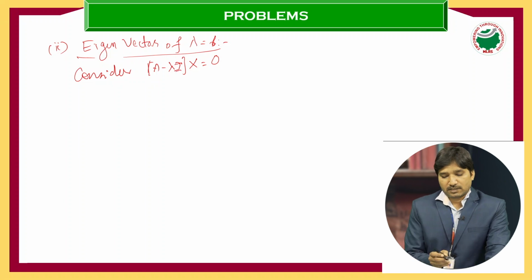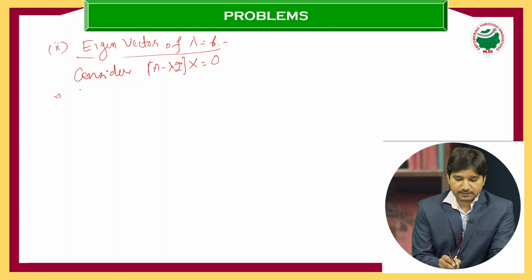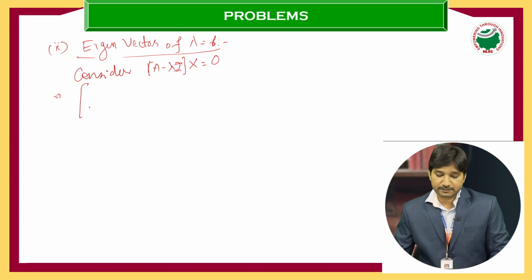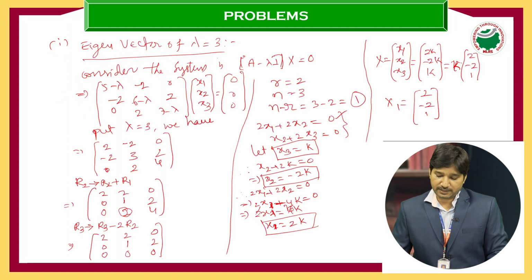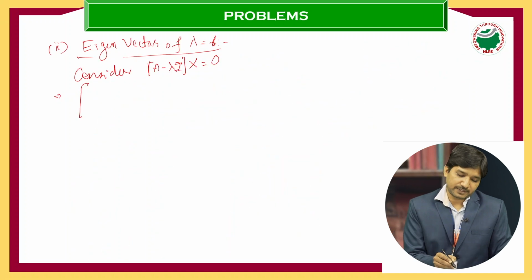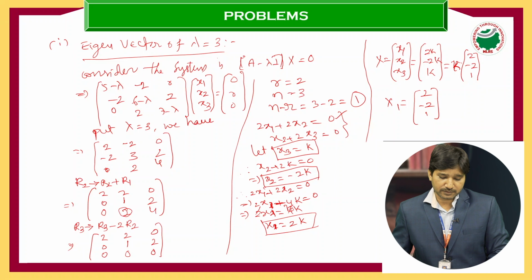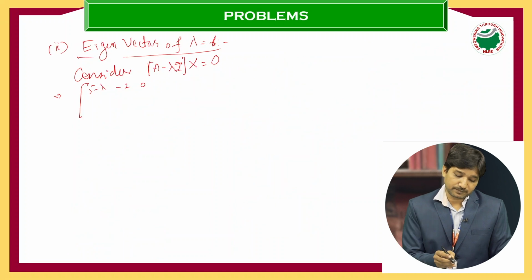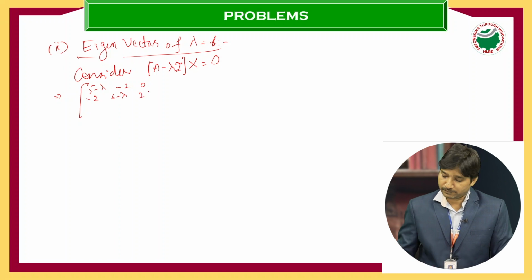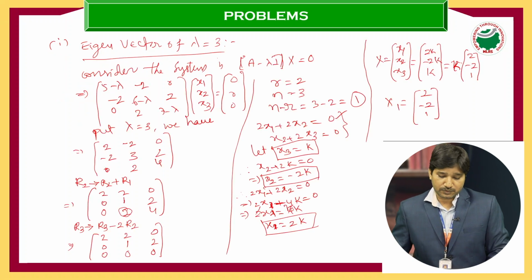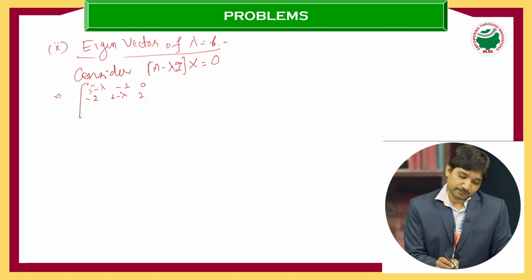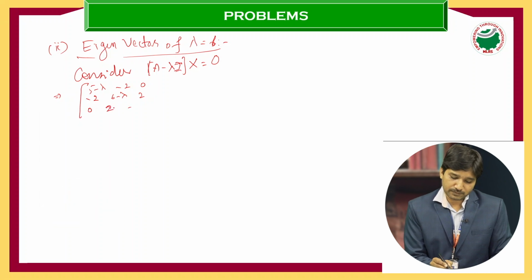A minus lambda I is: 5 minus lambda, minus 2, 0; minus 2, 6 minus lambda, 2; 0, 2, 7 minus lambda.